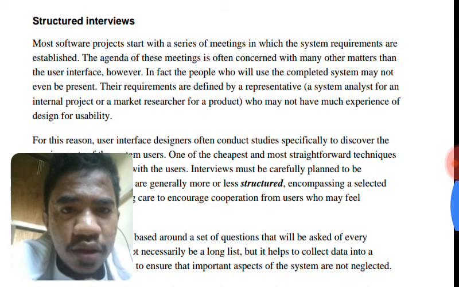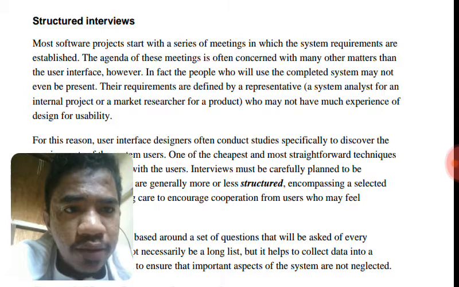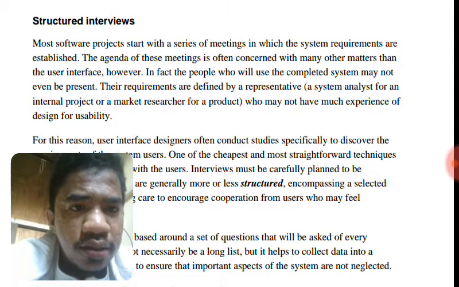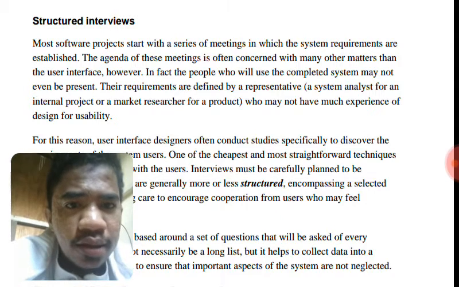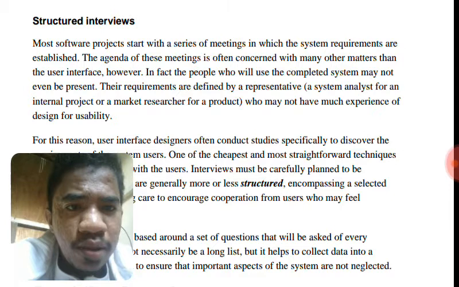Structured interview. Most software projects start with a series of meetings in which the system requirements are established. The agenda of these meetings is often concerned with many other matters than the user interface. In effect, the people who will use the complete system might not even be present.